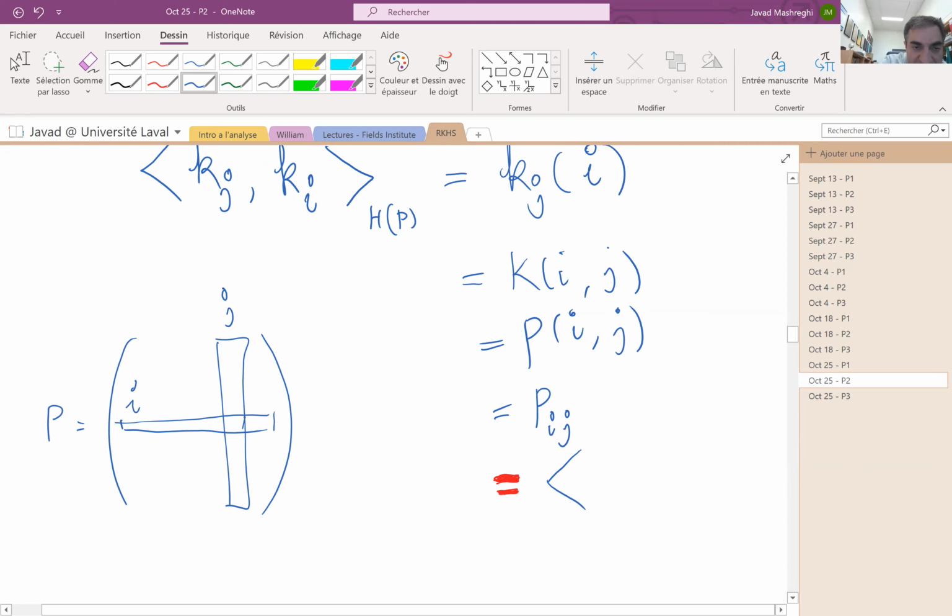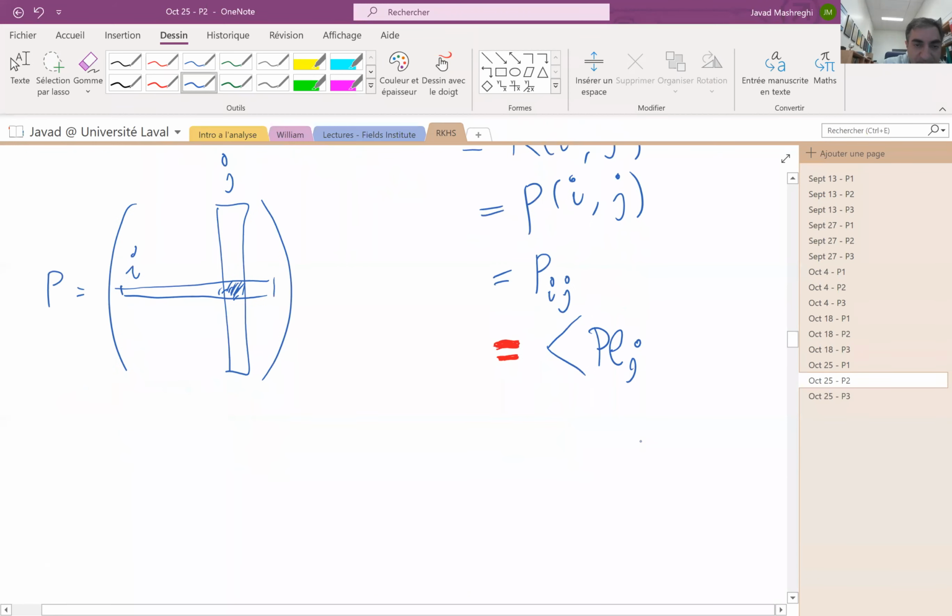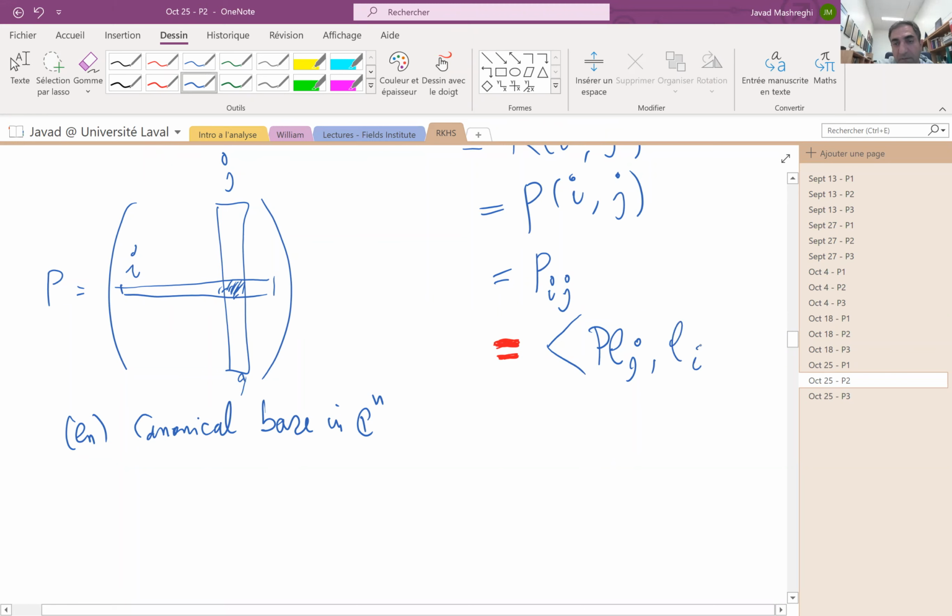And that's the element which is here. I want to detect this element by an inner product in Cn. First, I do P times Ej. Ej are there, so let's mention E n, canonical basis in Cn. P Ej means this column, and then inner product with Ei in Cn.